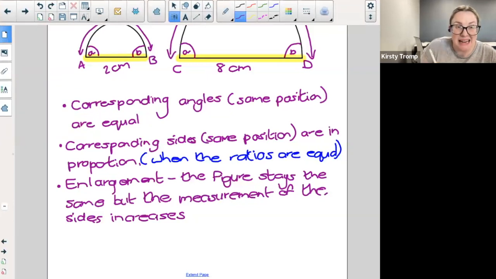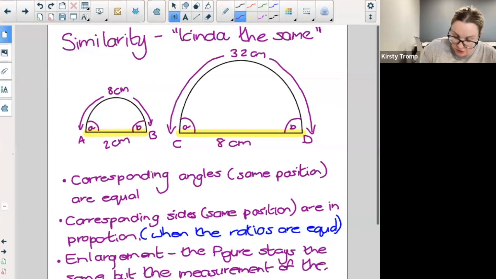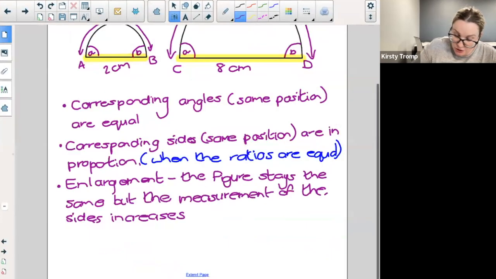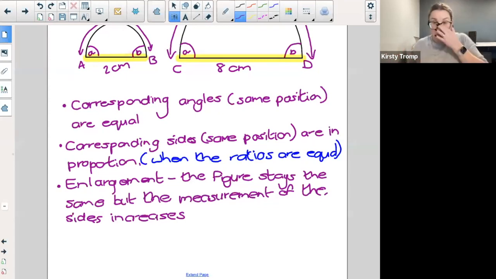So that's exactly what we did. We saw that this small figure became this big figure. How did it become the big figure? Because we multiplied it by 4, to get it to become bigger. Now, will we always multiply it by 4?